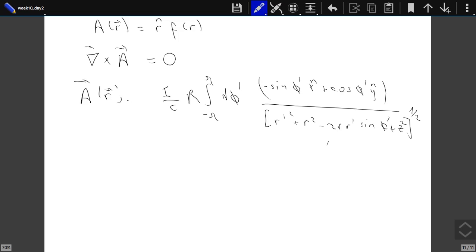I'm looking at this integral. This integral is nothing but, let me forget these ones also.